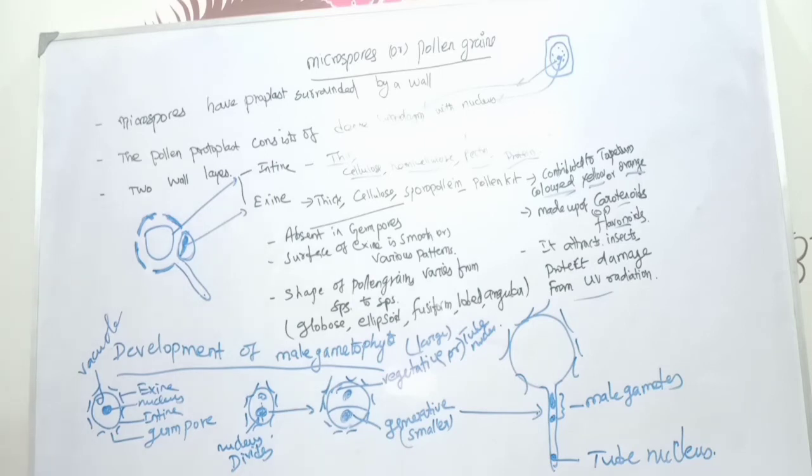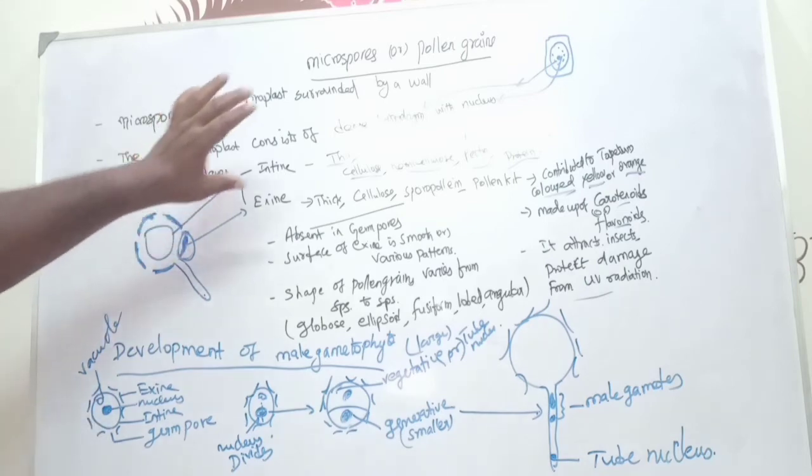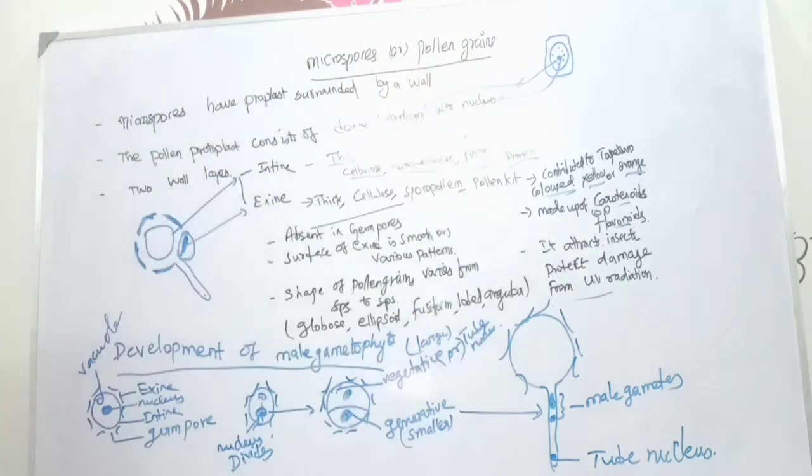The next one is development of male gametophyte. See, the microspore is the first cell of the male gametophyte. It is haploid in nature. The development of male gametophyte takes place while still in the microsporangium.